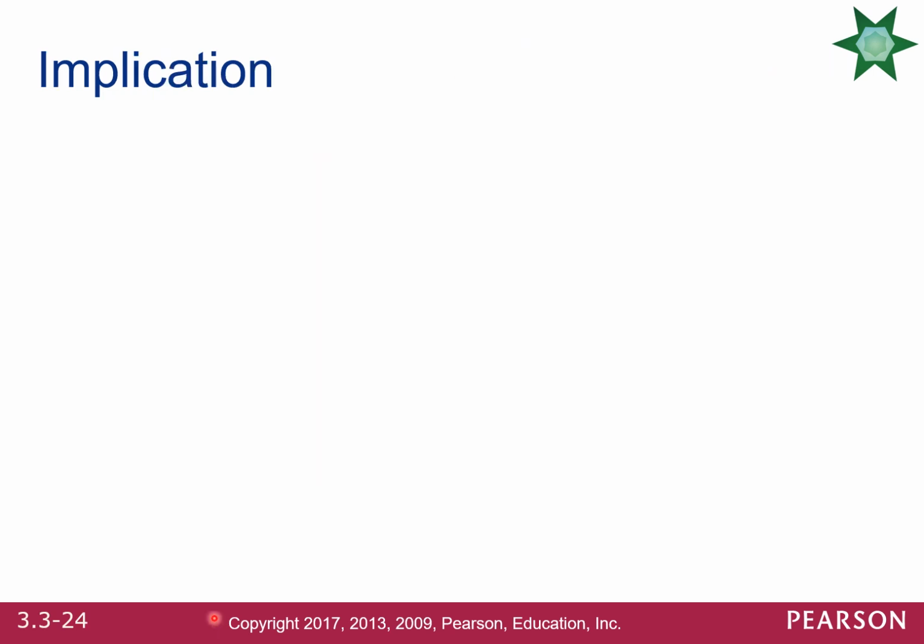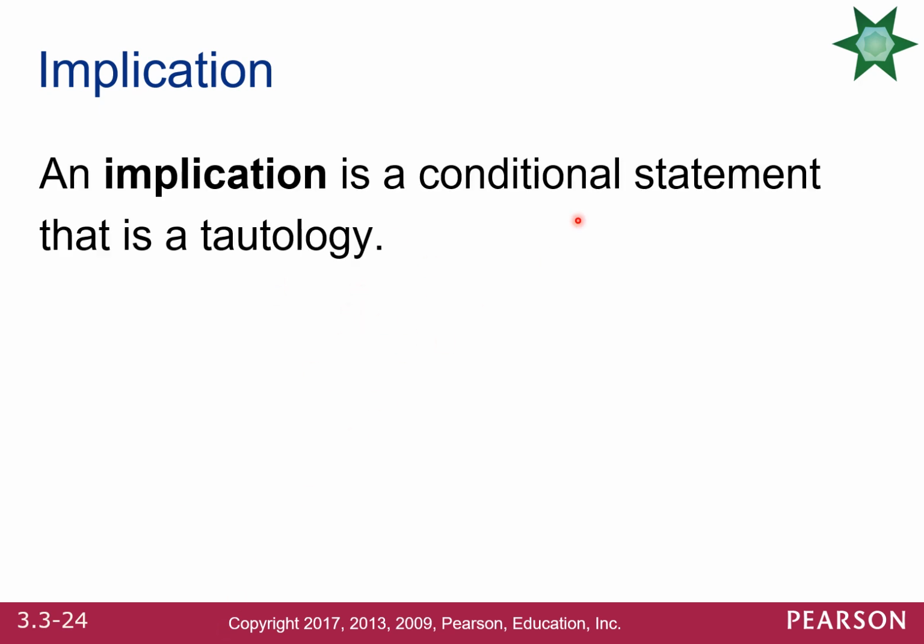Now, one last concept that we need to learn about is an implication. An implication is a conditional statement that is a tautology. A tautology is one where all the truth values resolve to true for every case.